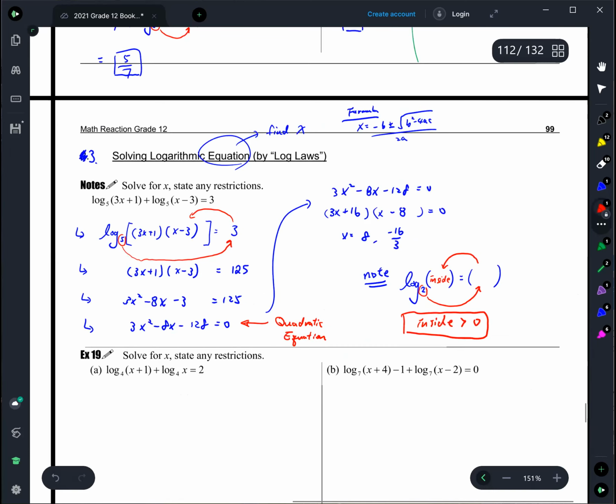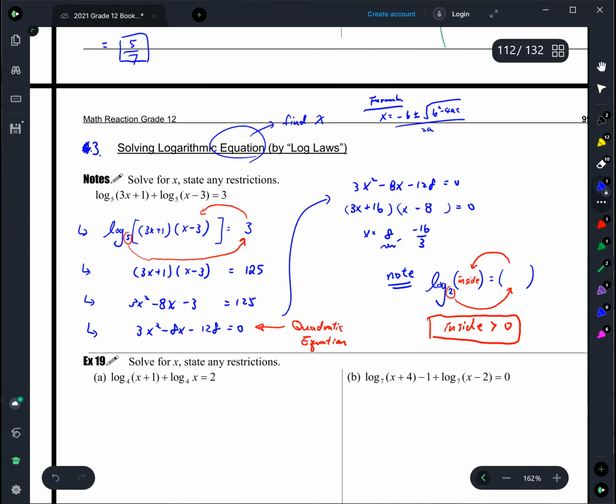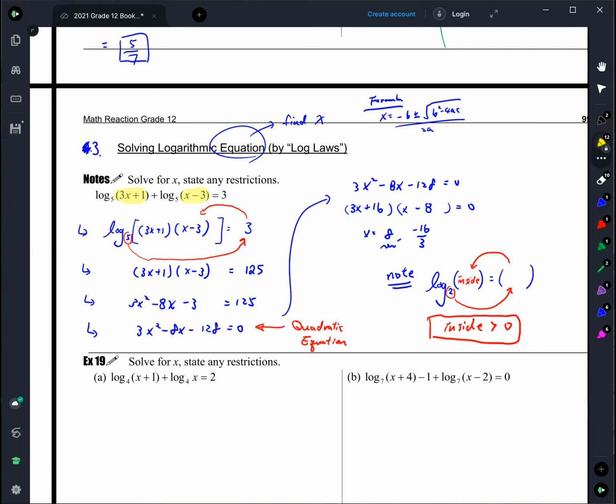So before we state our conclusion, we got our 2 answers here, right? We have the 8. I need to plug it into our question. The 3x plus 1, the x minus 3, those are the insides. You need to make sure it still makes the inside positive.